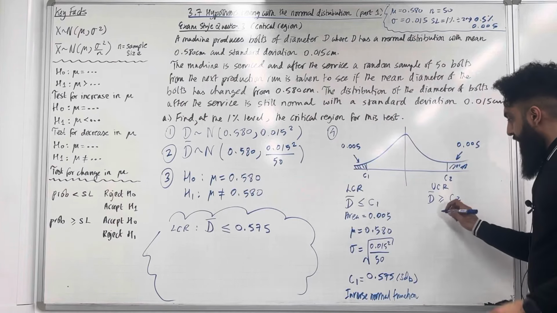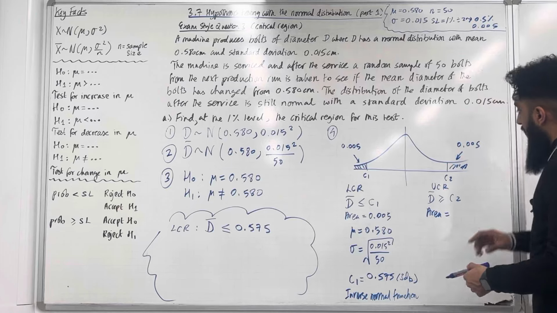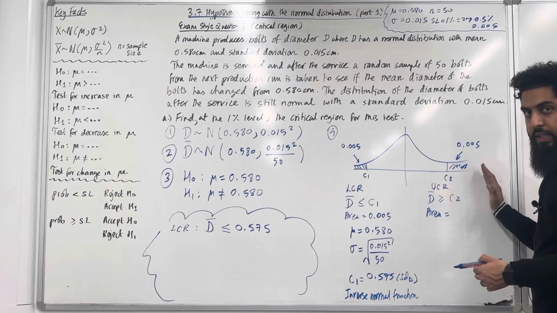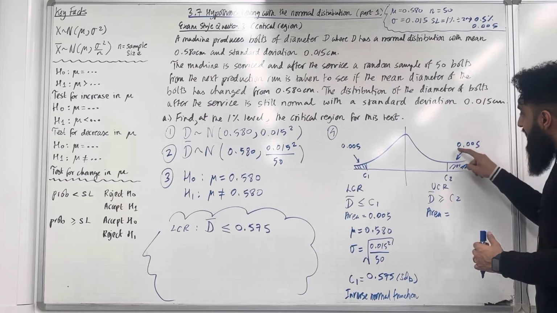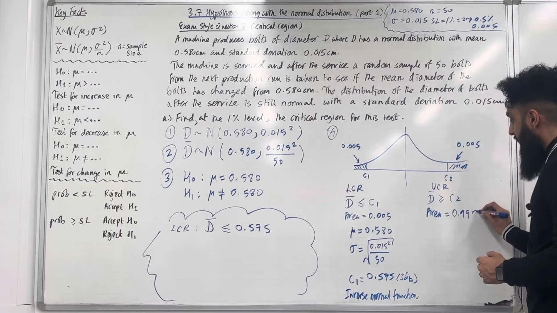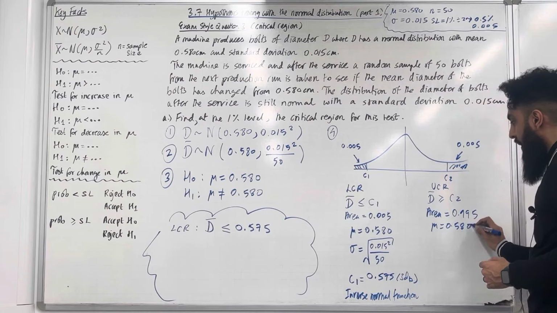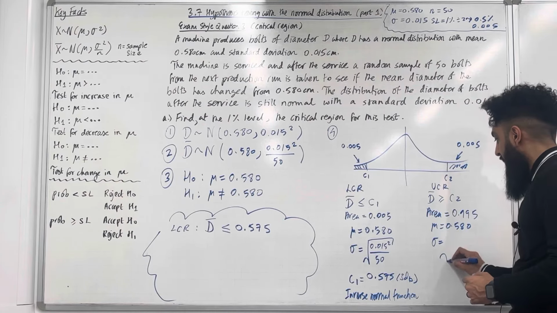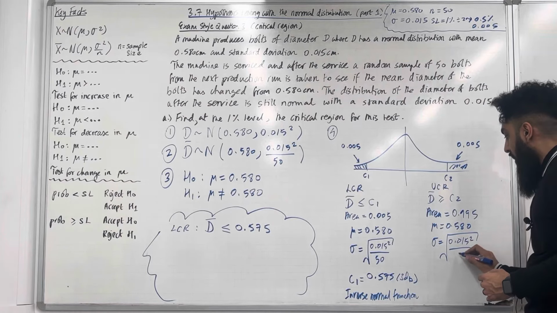Let's move on to the upper critical region. Let's see what area we take this time. This area is to the right. The inverse normal function is used for the area to the left, so we must do one take away this. That gives us 0.995. The mean mu is 0.580. The standard deviation sigma is the square root of 0.015 squared over 50.